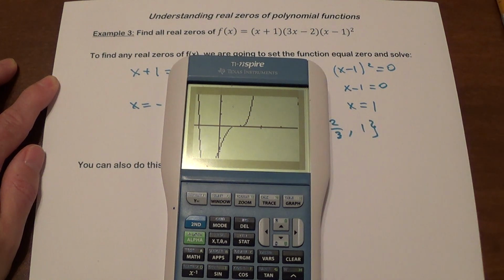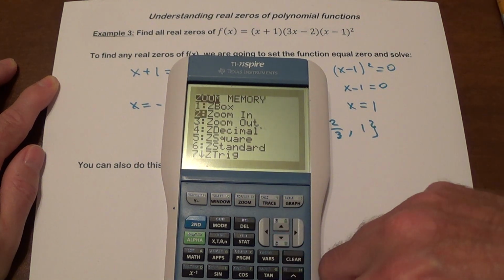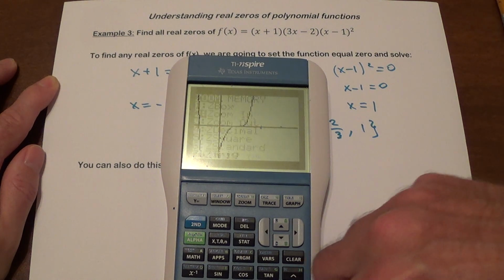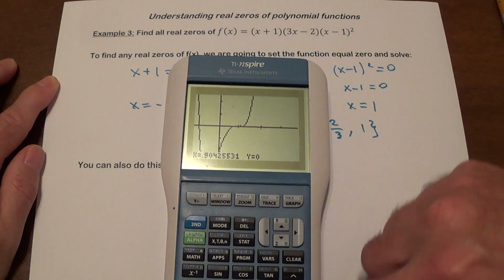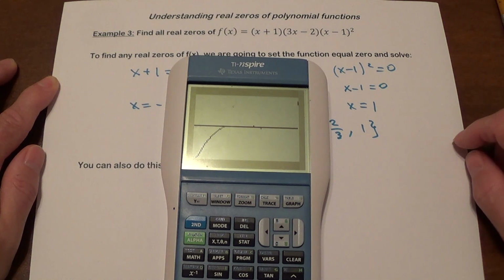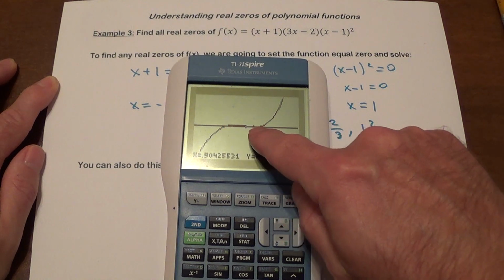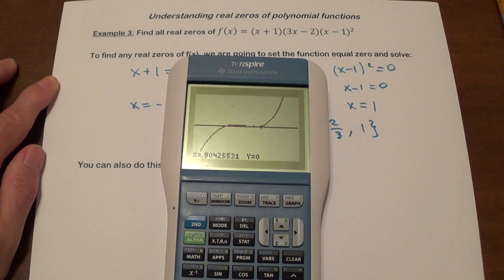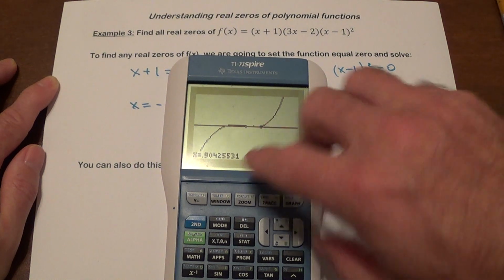I'm still not sure what's going on there, so I'm going to zoom again. If you know a little bit about the behavior of polynomial functions, you should understand this is probably okay. You see that it goes up, then down, then up again. So there is 1 intersection here and there is 1 intersection here.